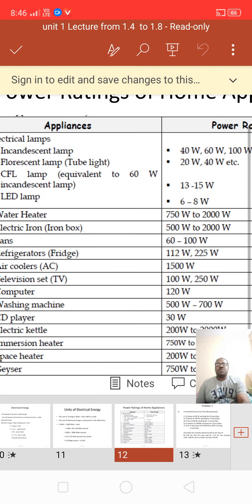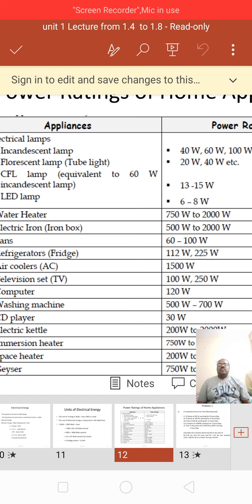The power corresponding to the appliances we are showing in table form. First one, electric lamps: for incandescent lamps we are using 40 watt, 60 watt and 100 watts.